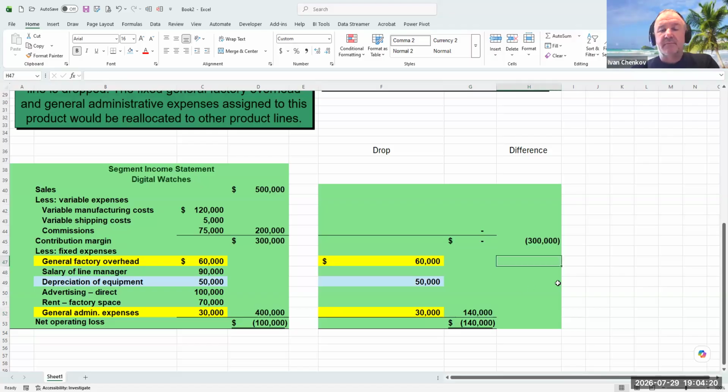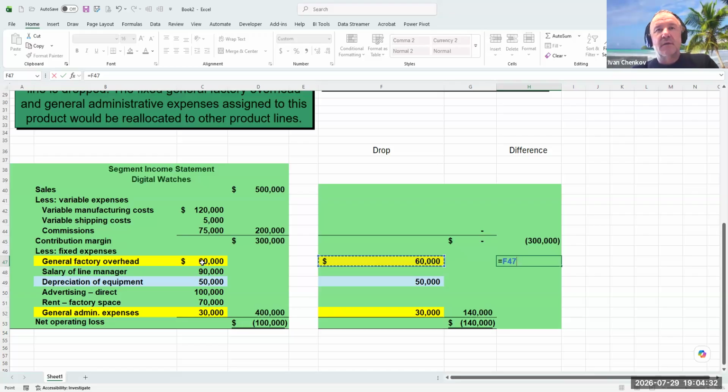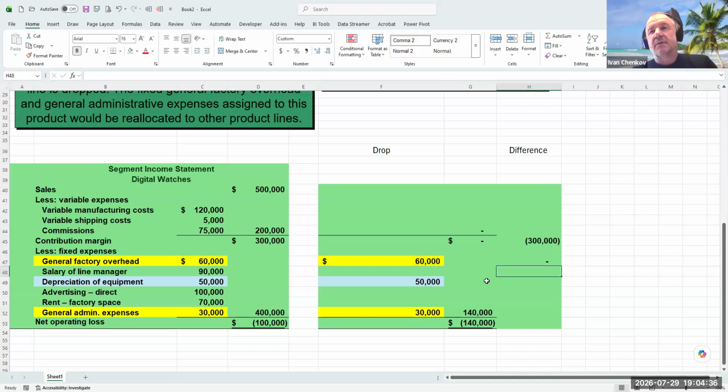So what did we save? The savings are going to be this. We're not saving on the general factory overhead. That stays with us.